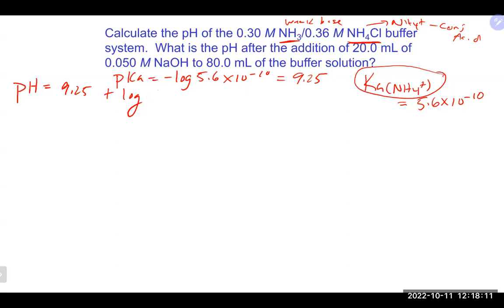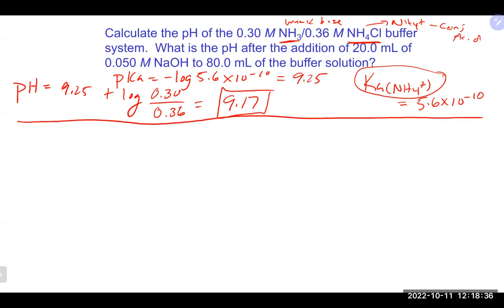So that's 0.3 divided by 0.36, which gets us an opening pH for our buffer of 9.17. Any questions on that first part?